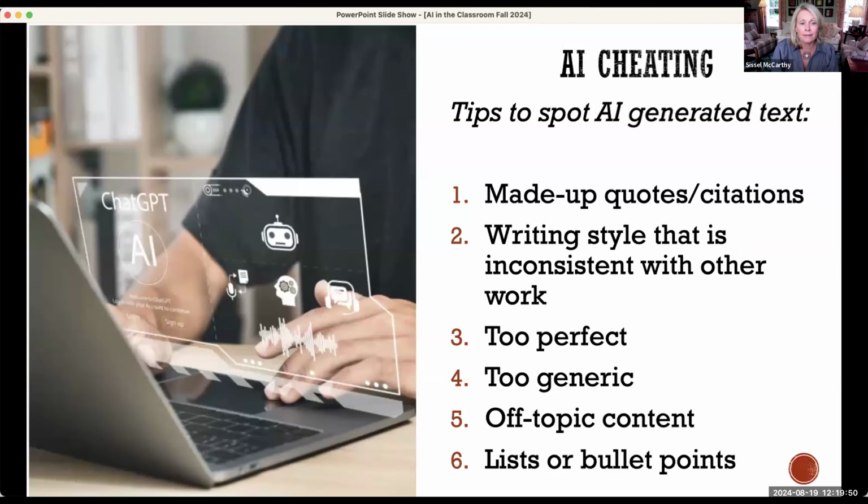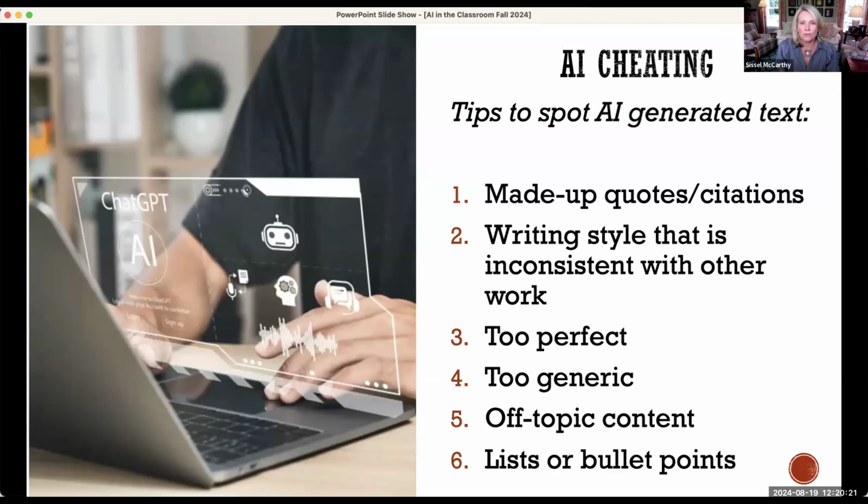Writing style that is inconsistent with other work. If it doesn't sound like the student, that is definitely a red flag. If it's too perfect, right? That means no grammar mistakes, no spelling mistakes, word choice problems, all the things that you normally see with undergraduate writing. If it's too generic, that means they're not using the course concepts, the vocabulary, the things that you've really taught in your class.